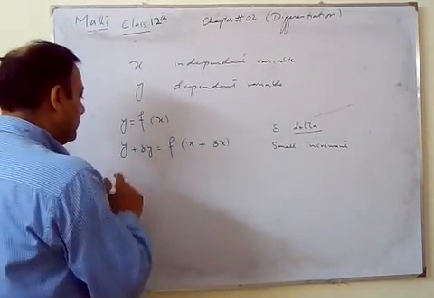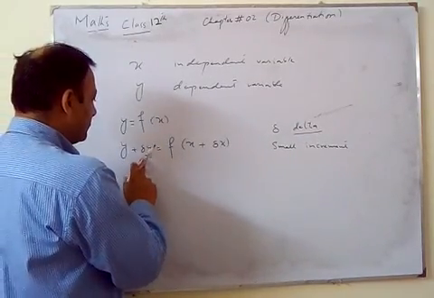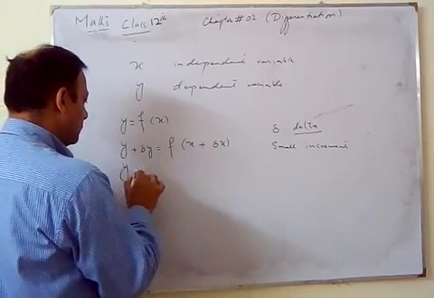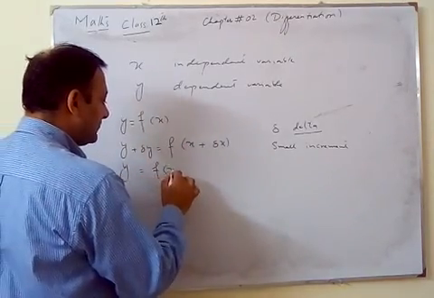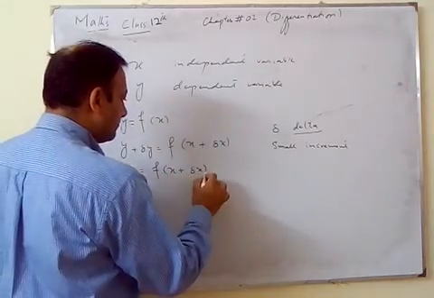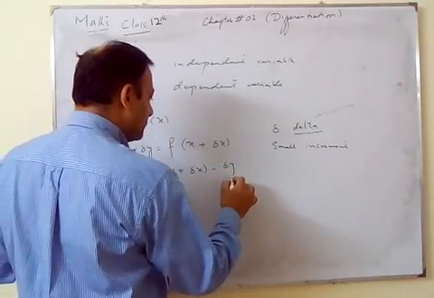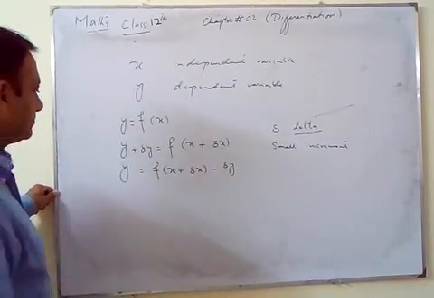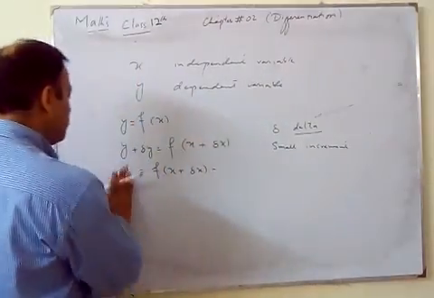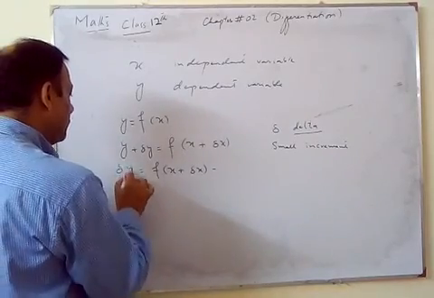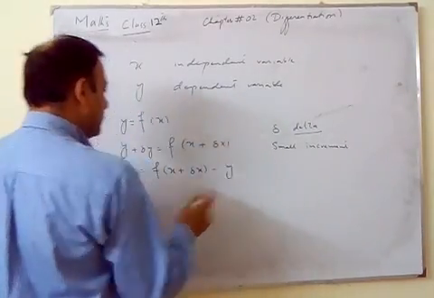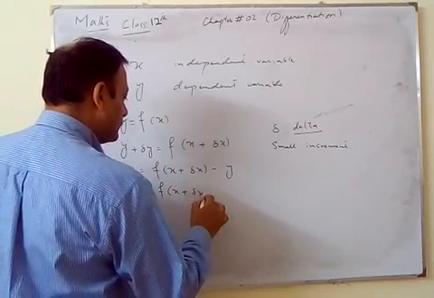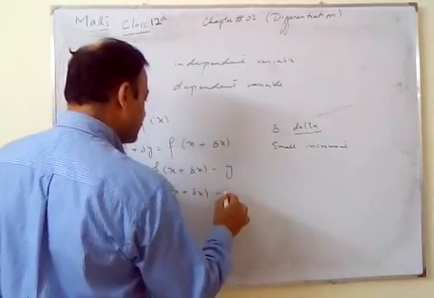If we take this value, delta y, from left to right, we write it as minus delta y. We move this y from left to right. After this, what is the value of y? That is f of x.